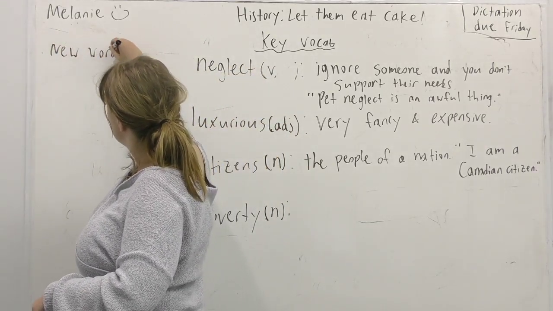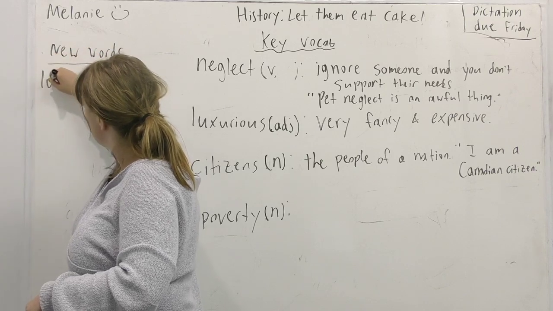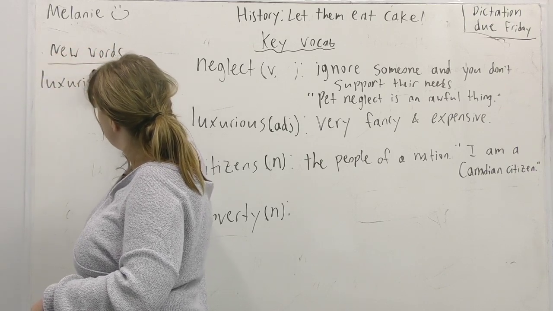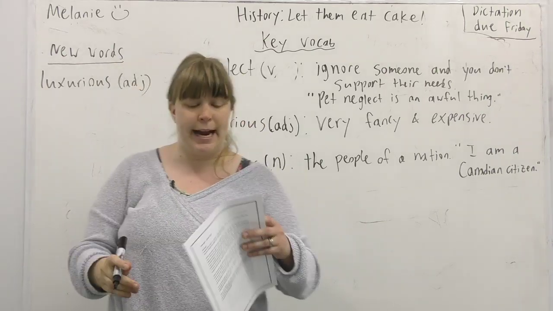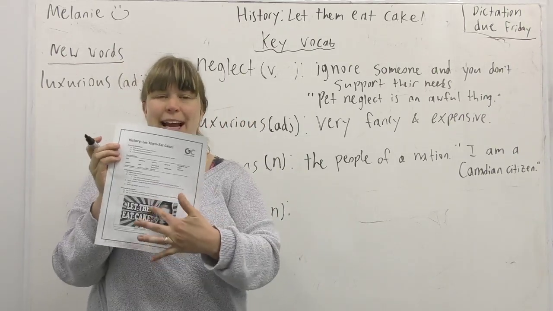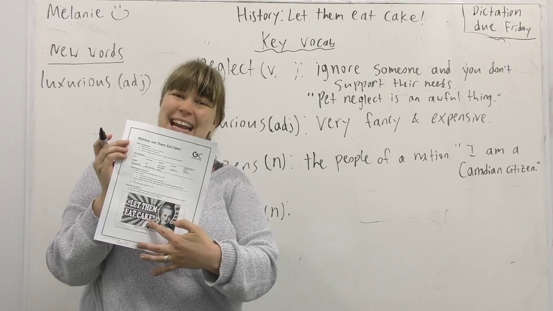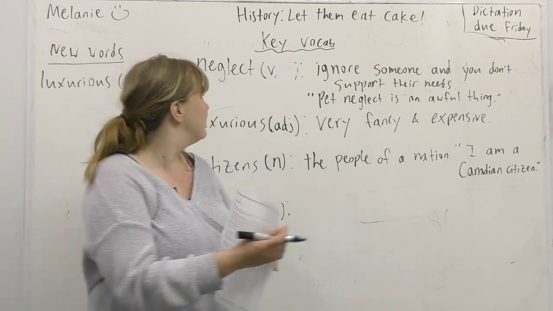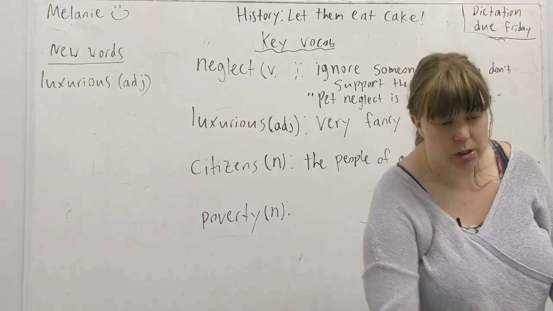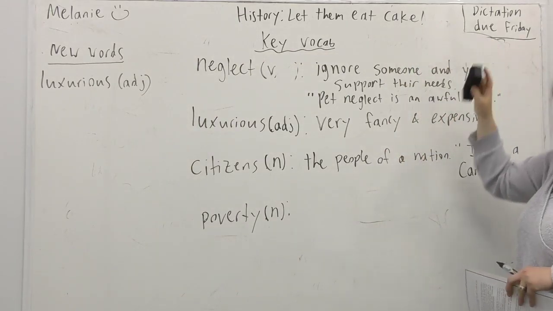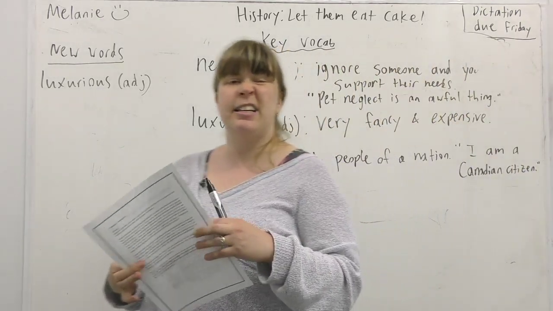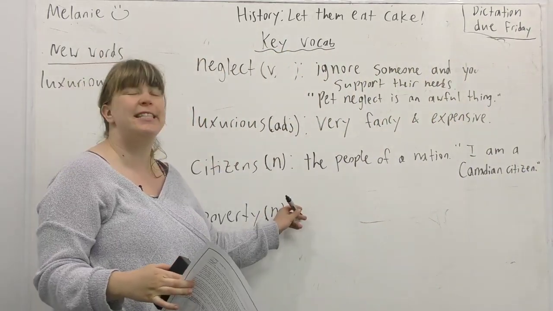New words: luxurious. Do you think Marie Antoinette lived a luxurious life? What do you guys think? You might know. So I'm gonna get rid of neglect. If you can, I would like you guys to look up poverty.